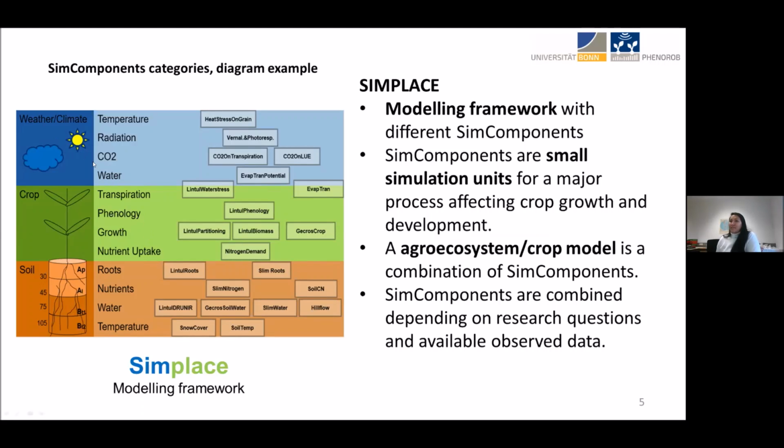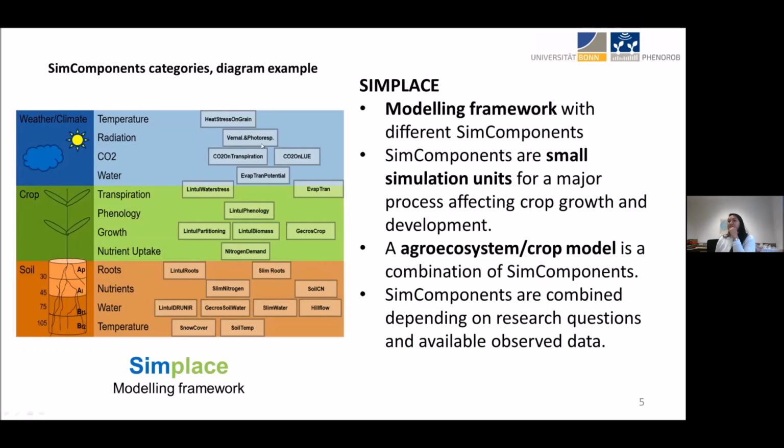Here to the left, you can see a diagram of the three main components. We use the weather as an input to the model. Then we have the different crop representation and crop processes, and we also have the soil processes occurring.